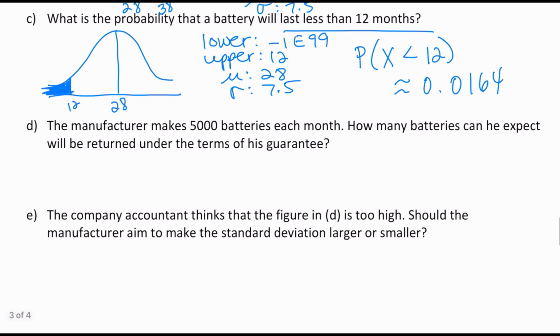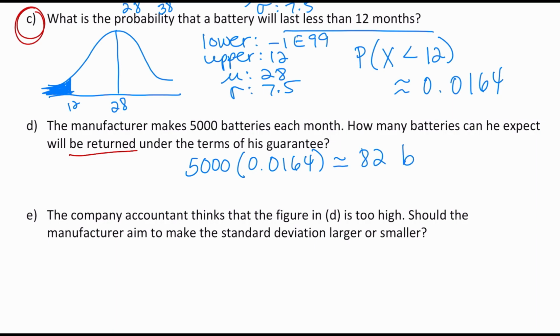In part C, we just found the probability that the battery is not going to make it to that 12 months, which is the guarantee. So in terms of how many are going to be returned, we're going to have to multiply 5,000 times the probability that that battery lifetime is not going to make it to 12 months. So this is going to be approximately 82 batteries if you multiply.